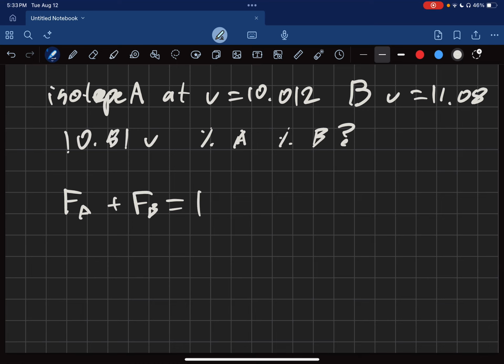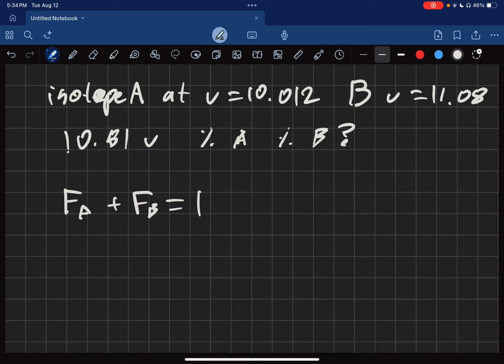You can't have 110% of an element, and you can't have 90% of an element. This is supposed to represent the entirety of the element that exists. So FA plus FB equals 1.